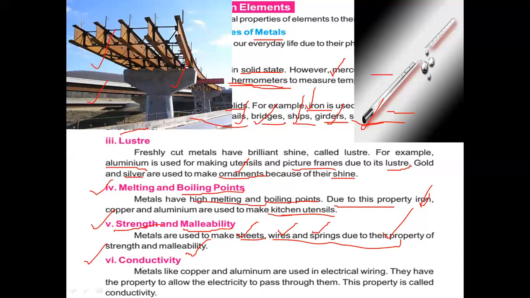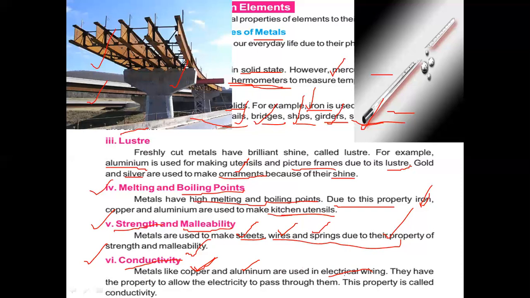Number 6 is a very, very important property of metals. Metals like copper and aluminium are used for electrical wiring. The wires in our homes for conducting electricity, and the ones in electronics, are made of copper mostly, but aluminium is also used, because they are good conductors.